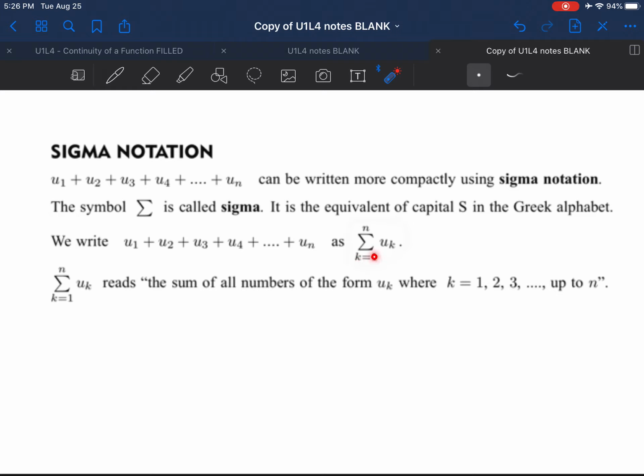This is the counter, so k is just an index variable, and the bottom number is the number you start with, and the top number is the number that you end at. Wherever you see a k in the equation, you plug in 1, you write that result out, you plug in 2, you write that result out, etc.